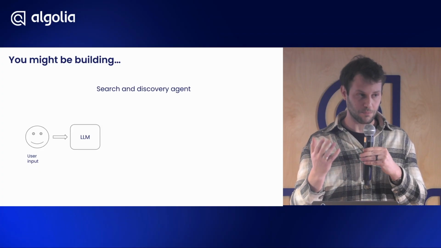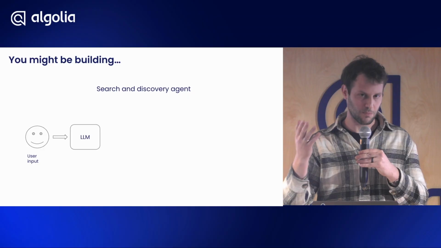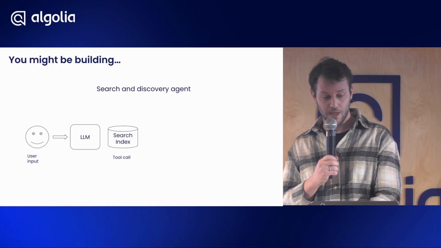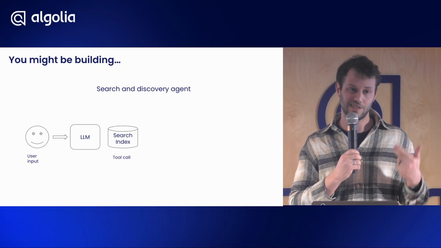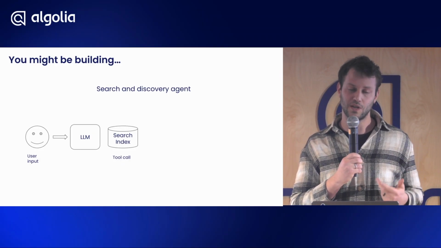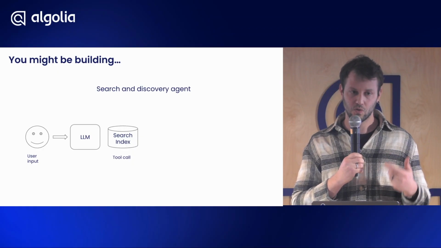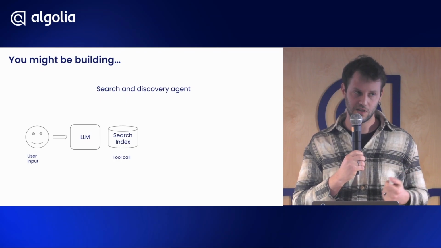The first thing that happens is you send this input, which was the Harry Potter themed present for a 5-year-old, to an LLM. And after that, the LLM has to decide to actually search through the index, which is done through something called a tool call. So tools enable agents to actually do stuff with the external world.